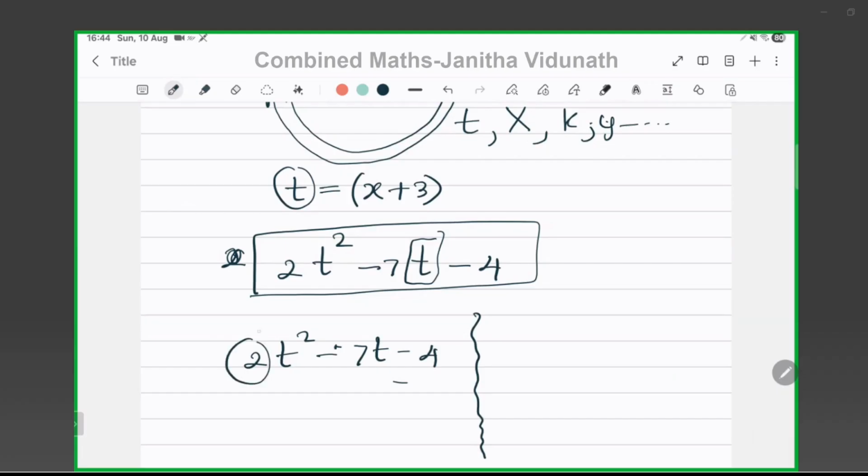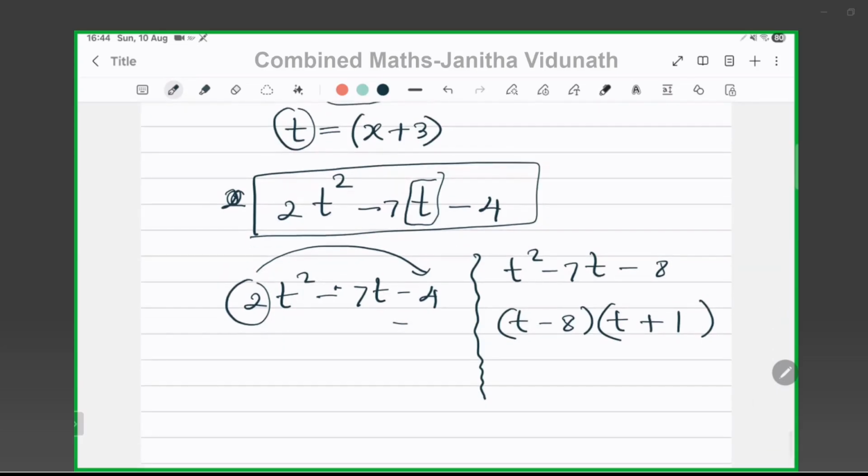We simply multiply the 2 with the constant, and we get t square minus 7t minus 6. With our first shortcut method, we can get two factors as minus 8 and plus 1. One factor is t minus 8, the other factor is t plus 1.